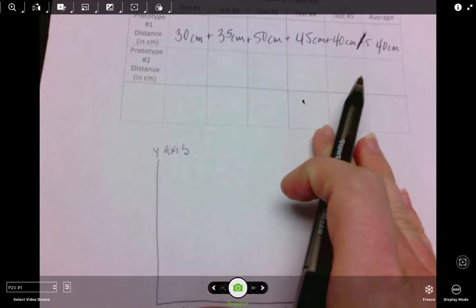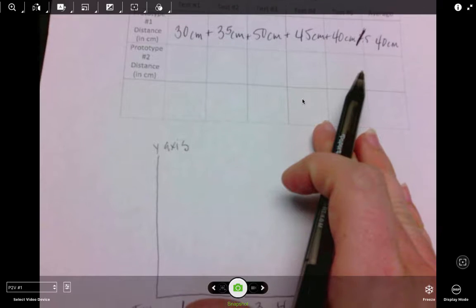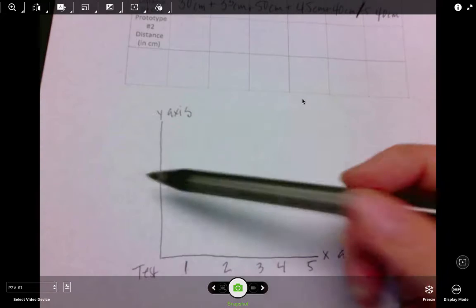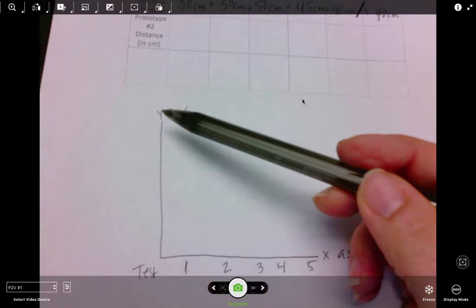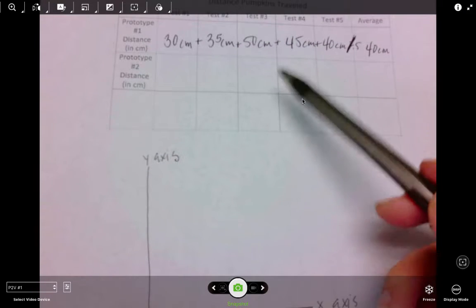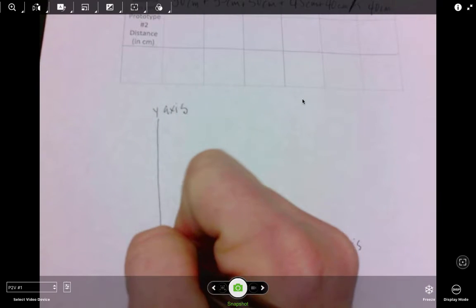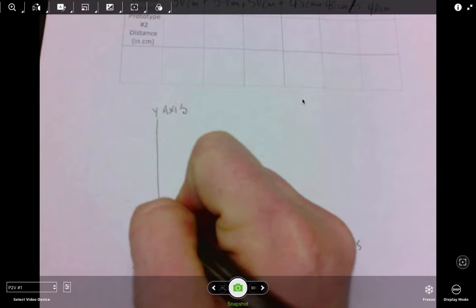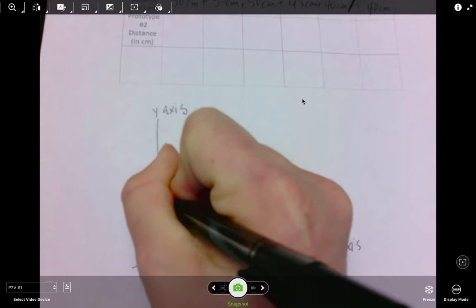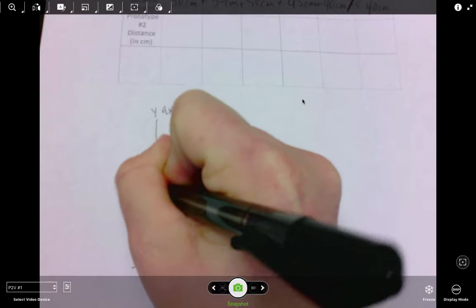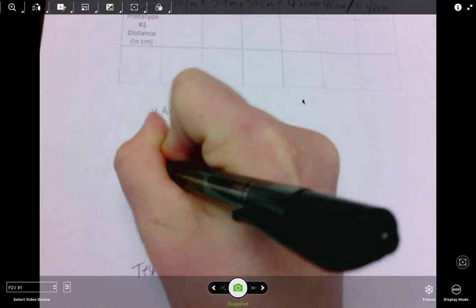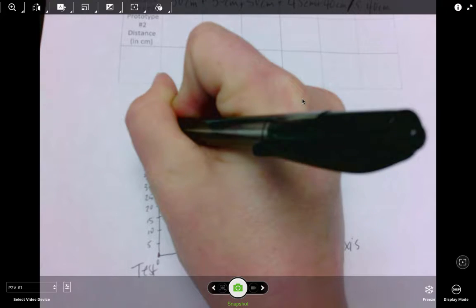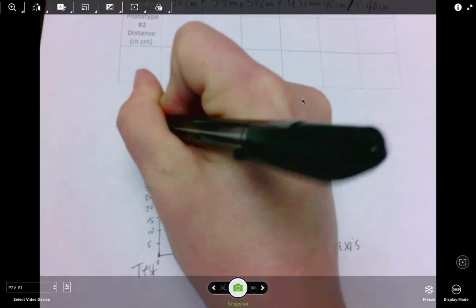I'm going to do it by fives because I feel like it'll be enough spread out and equal, but not squished. Actually all the way to 50, because my largest number is 50. So I'm going to start at 0, and then 5, 10, 15, 20, 25, 30, 35, 40, 45, 50, 55, 60.